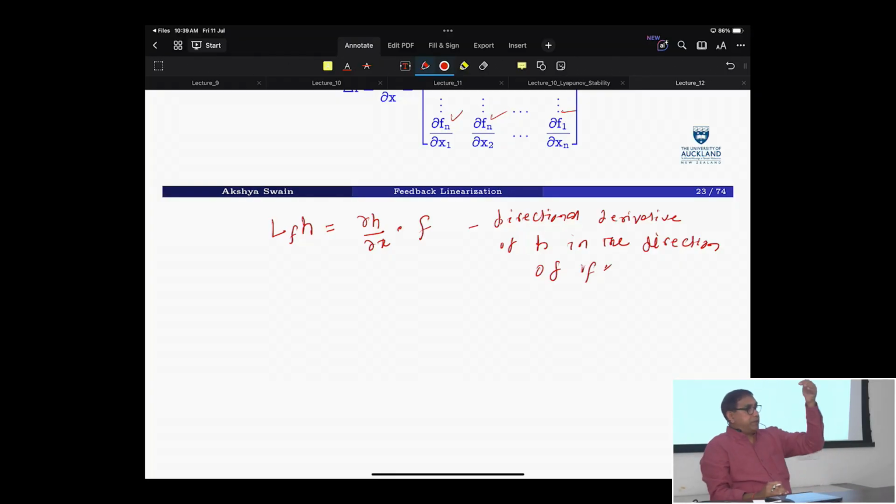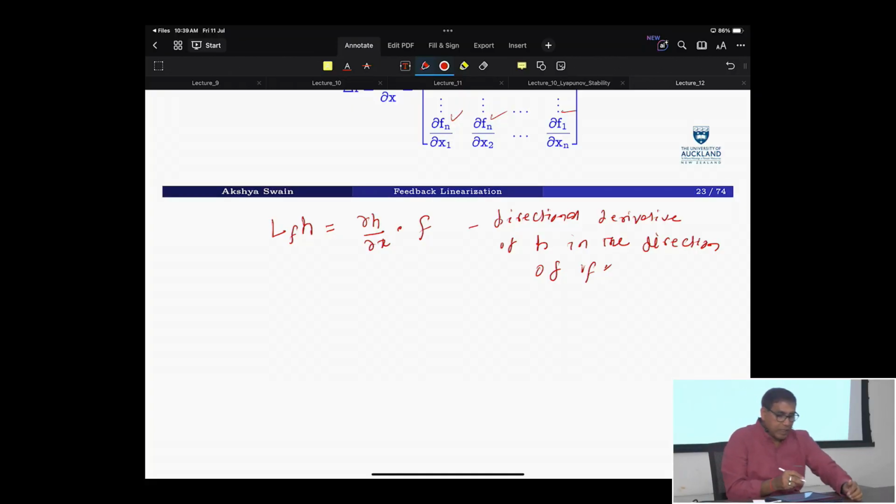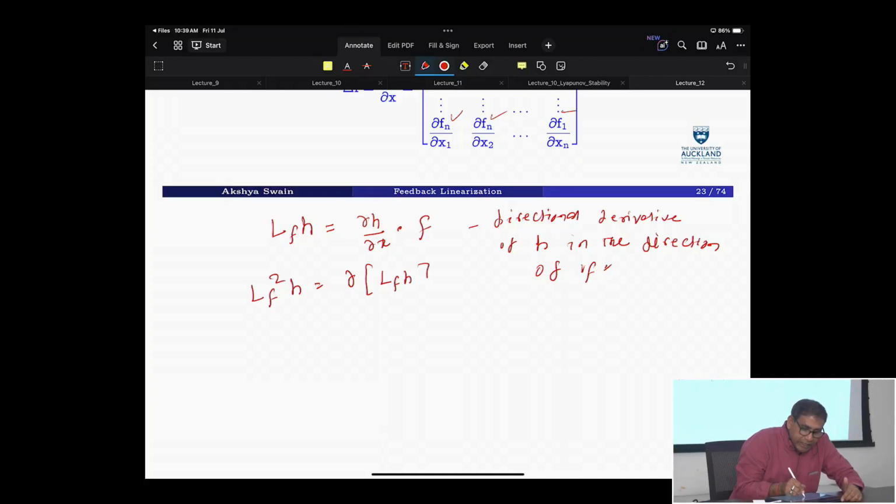Similarly, L_f squared h is equal to del of L_f h over del x into f.